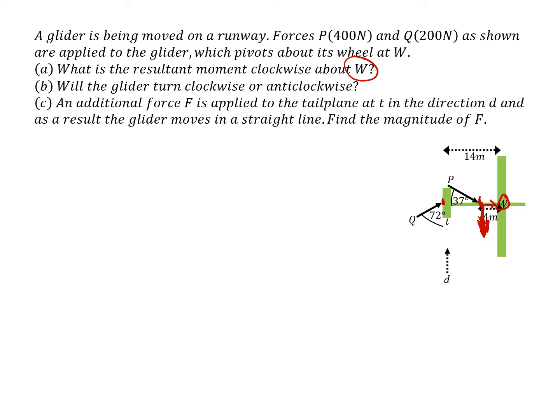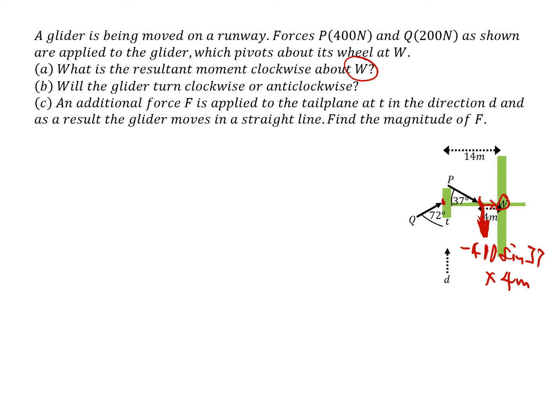So if we look at the clockwise moment of force P, it's going to be that component of P, which is 400 sine 37, multiplied by its distance, which is 4 meters, but that's going to be a negative number because it's anti-clockwise.